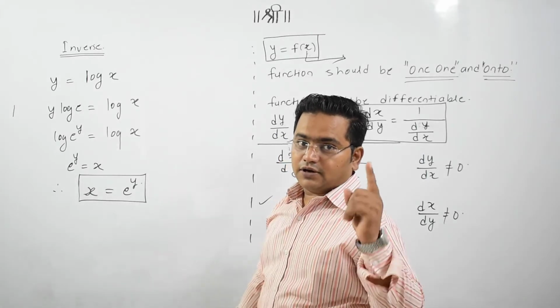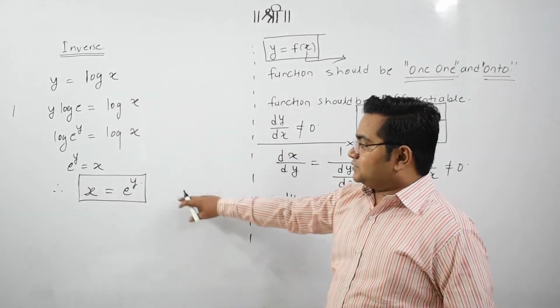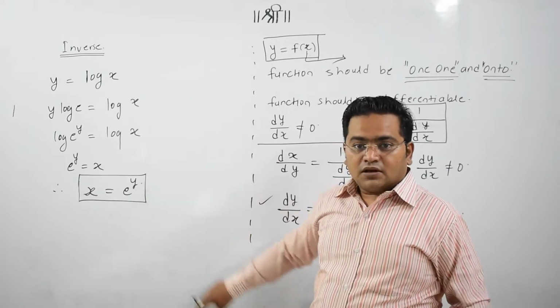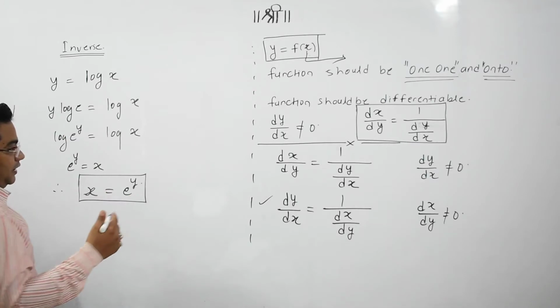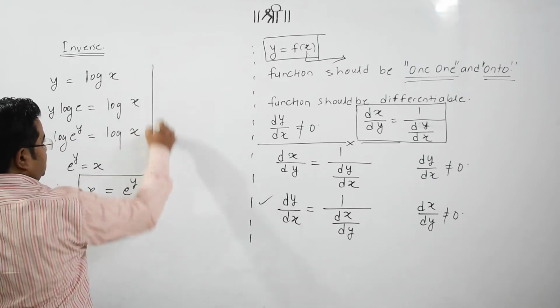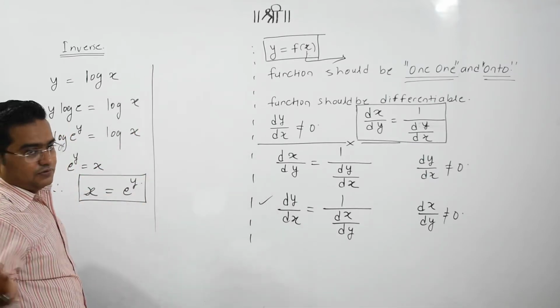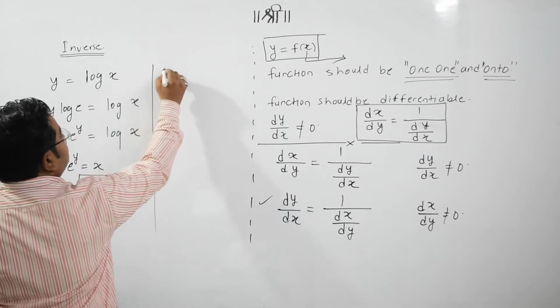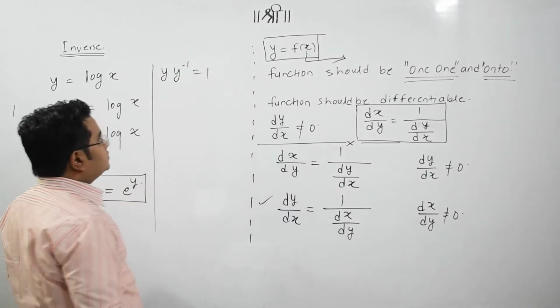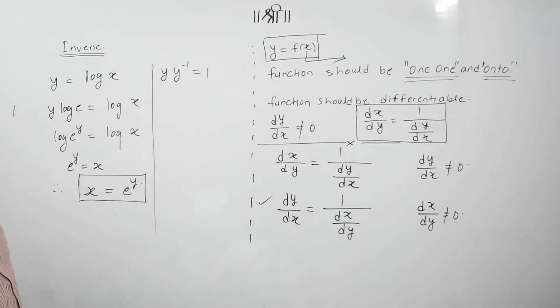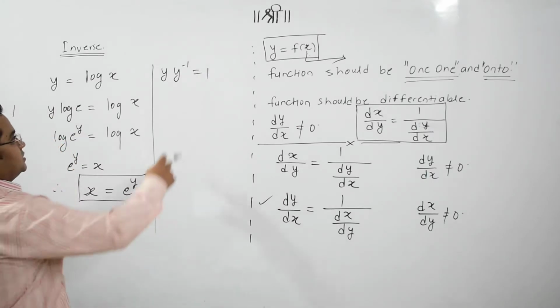Listen carefully to what I am saying. This is the operational inverse of this function. Now most of the students think that if you want to find the inverse, common sense says that, as we introduced earlier, y into inverse of y is equal to 1. That's how they deal with these functions, but this is not true.